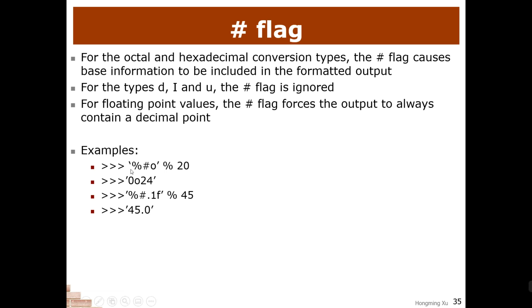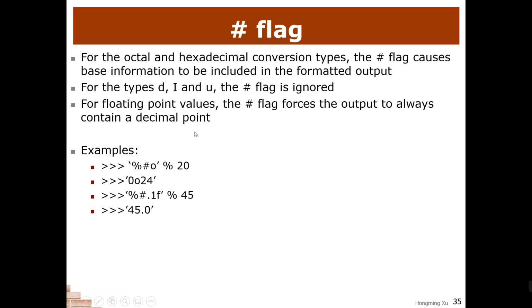For example, here, if we want to display this 20 in octal output, using the pound sign, this base information will be printed out. And for the types D, I, U, the pound sign is just ignored. It doesn't have any impact on the output.